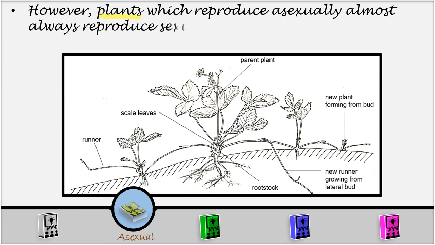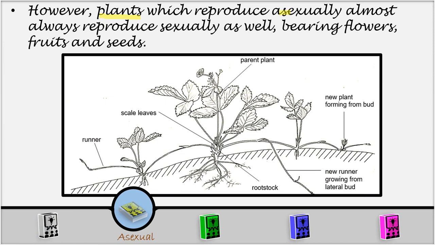However, plants which reproduce asexually almost always reproduce sexually as well, bearing flowers, fruits, and seeds. On the other side, we say that vegetative propagation does not require flowers and there is no seed production.